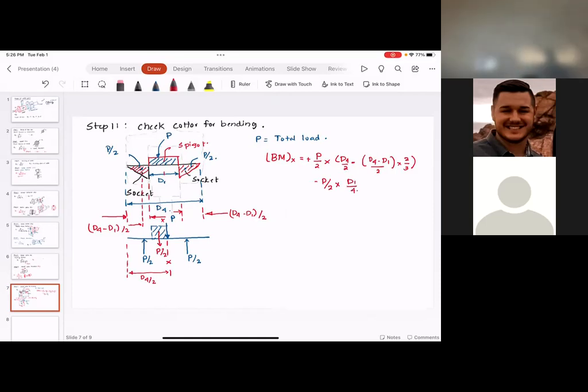So as you can see, the total bending moment at the center span is the bending moment given because of the uniformly varying load and then the uniformly distributed load.